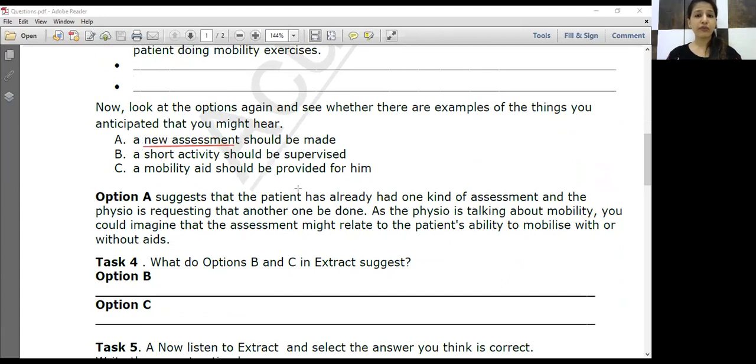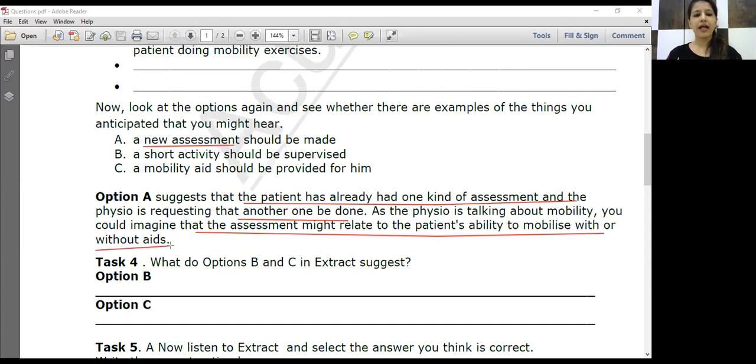Now, if this answer choice is correct, it means that one assessment has already been done, but now another one is to be done. And it is about mobility, right? The discussion is about mobility, which means we can imagine that the assessment may be related to the patient's mobility or their ability to move with or without aids.